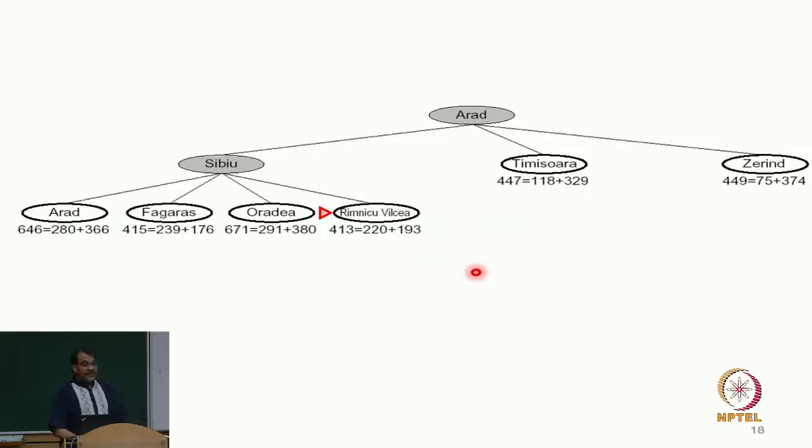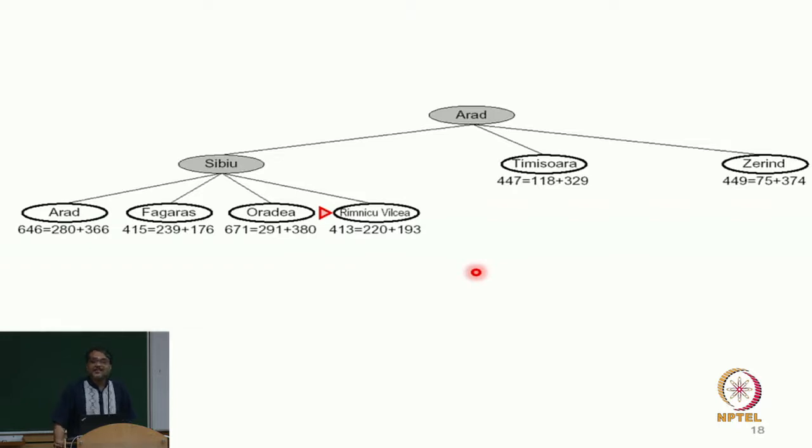So, now in my fringe I have 6 nodes: Zerind, Timisoara, Oradea, Fagaras, Arad and Rimnicu Vilcea. Right. You can see I have done my homework. This will be very helpful to you when you go to Romania.